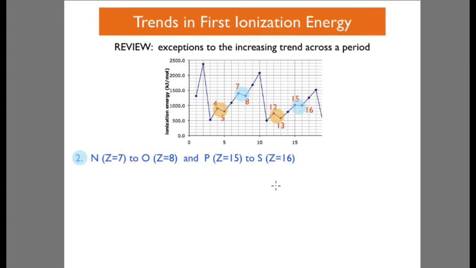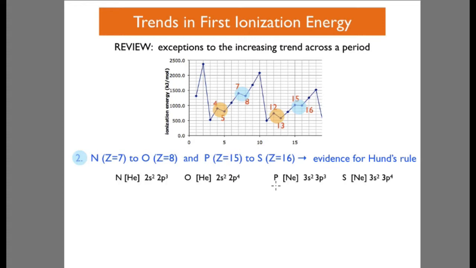For the explanation for this drop in ionization energy for nitrogen to oxygen or phosphorus to sulfur, this is explained by, and is evidence for, Hund's rule. It's how we found Hund's rule.